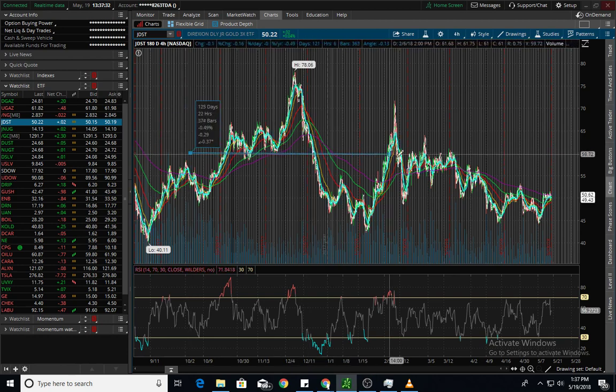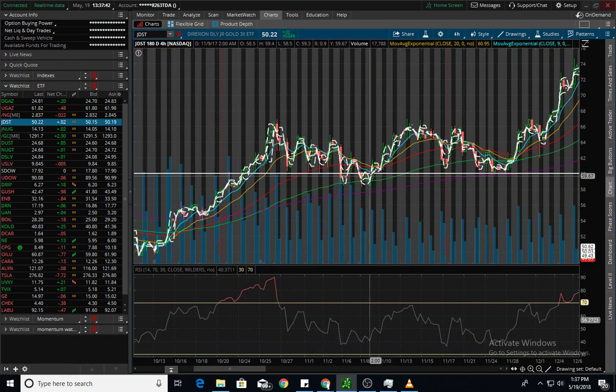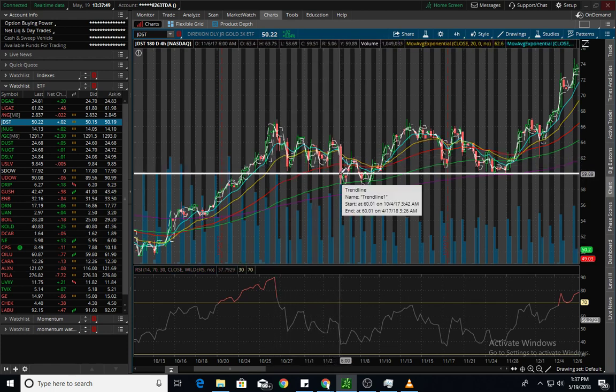And so, for example, just to show you guys real quick, right here, this is a support slash resistance level. Now, why is that? As you can see over here, this is a level where it supports the stock. It supports the price action very well.